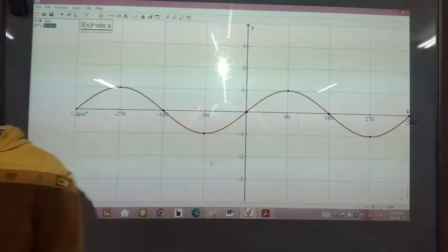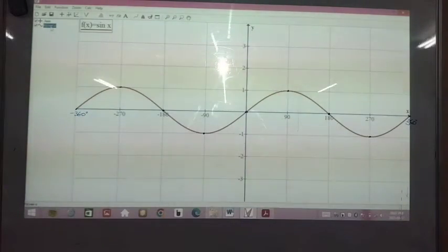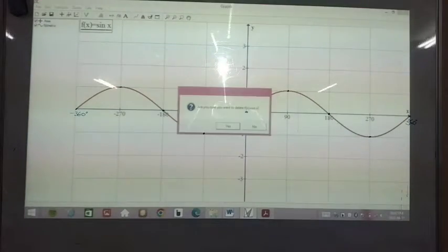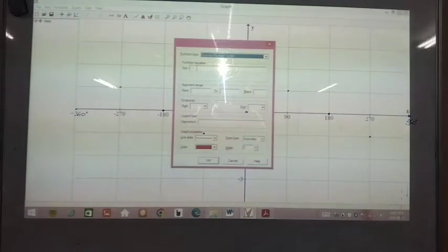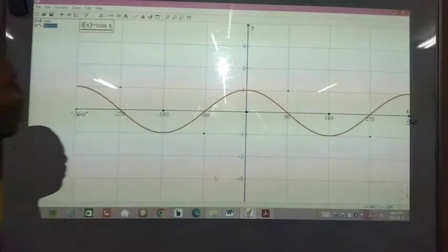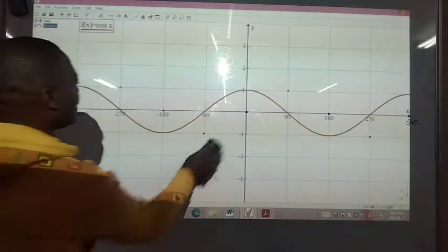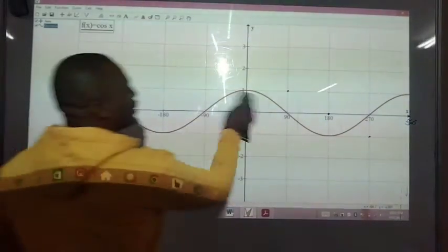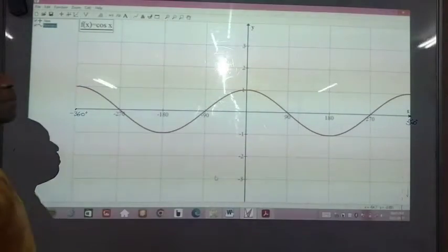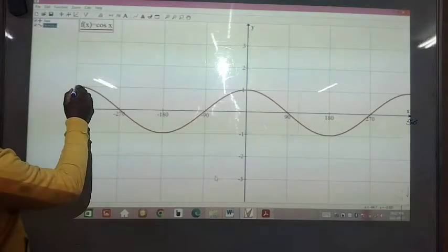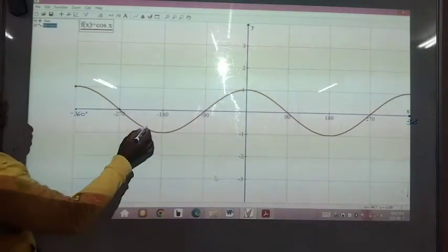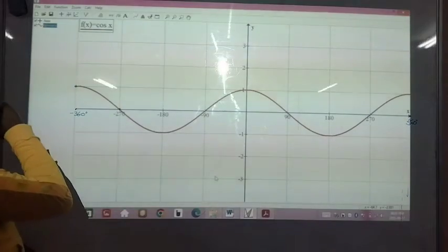I will put the graph for cos x now. All right, we can see that the graph of cos x takes the same shape as the graph of sin x. What is only different are these strategic points, how the graph goes and where it passes by.